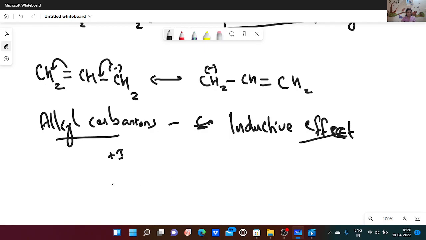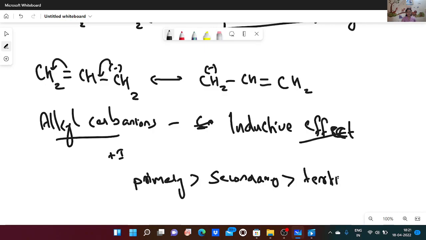So what about the stability order of carbanion? Carbanion stability order is primary greater than secondary greater than tertiary. Yesterday when we discussed carbocations, it was tertiary greater than secondary greater than primary.